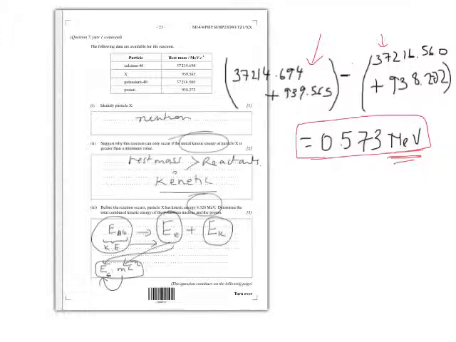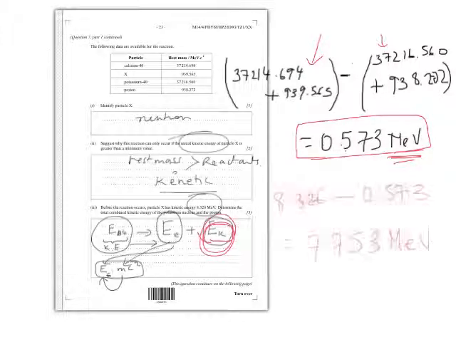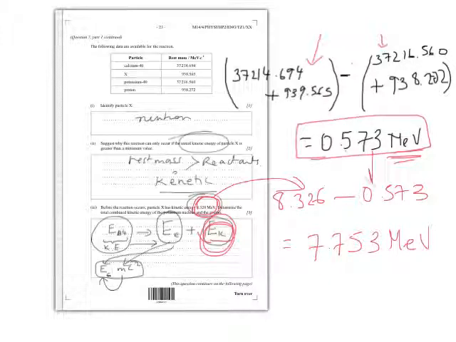So therefore we have the energy released as 0.573. Now, if we subtract this from the kinetic energy of the proton at the beginning, we should have the leftover kinetic energy. Okay, so you can see it here now. The kinetic energy minus the mass defect gives us the kinetic energy of the fragments after the reaction.